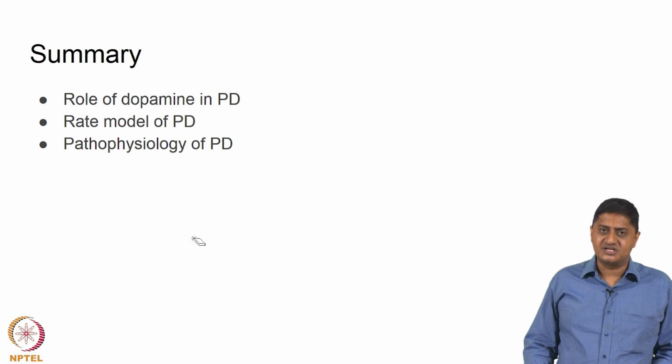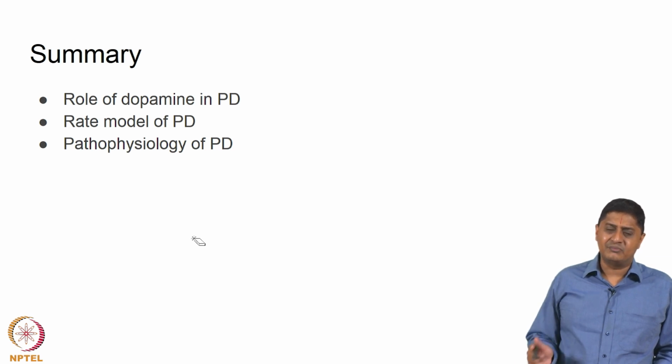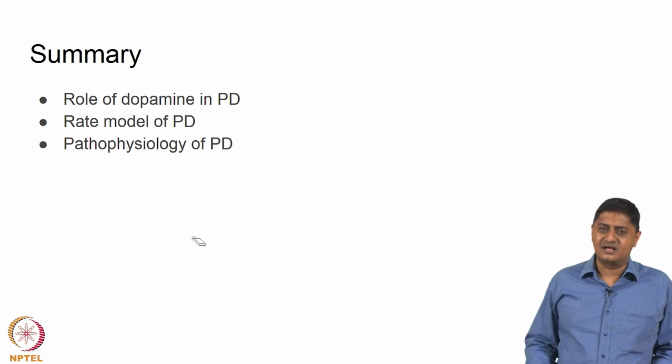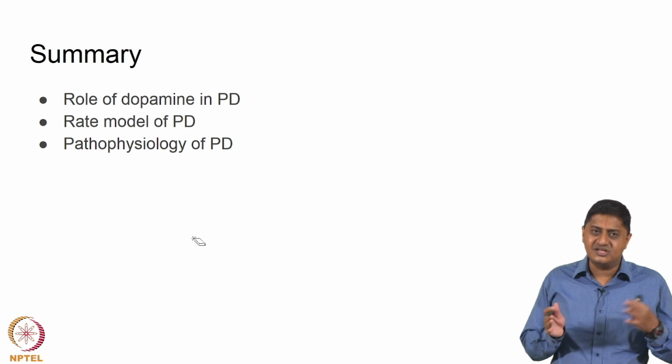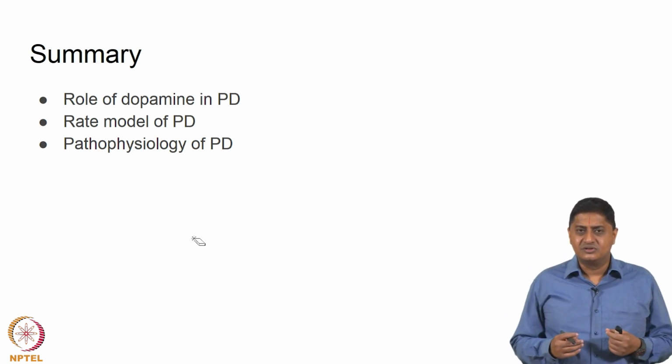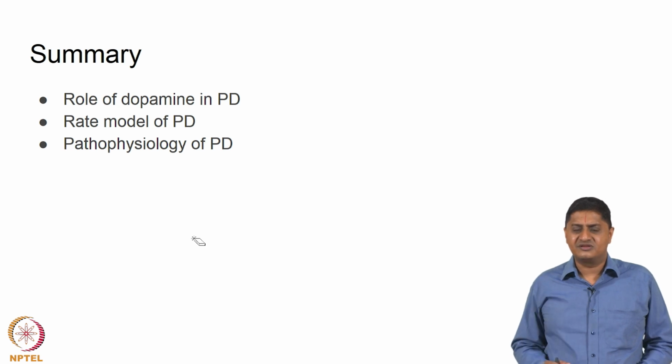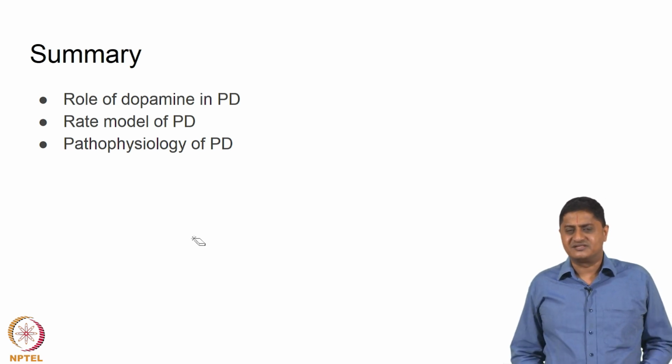And we discussed the pathophysiology, that there are at least 3 different but interacting causes. These are oxidative modifications, mitochondrial dysfunction and protein dysfunction. These 3 things interact with each other to result in the group of symptoms that is called Parkinson's disease. A lot more remains to be understood.